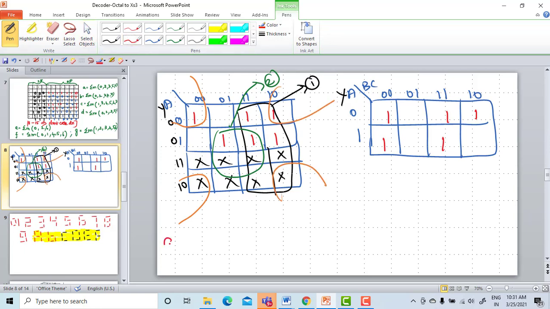So this A can be written as, this 8 which is common, this is B, C, right? So B is common, and for this 4 variable, A is common, and here C is common, plus, and for the 4 corners, Y is changing, but A is common, so it is A bar, and for the first and the last column, C bar.